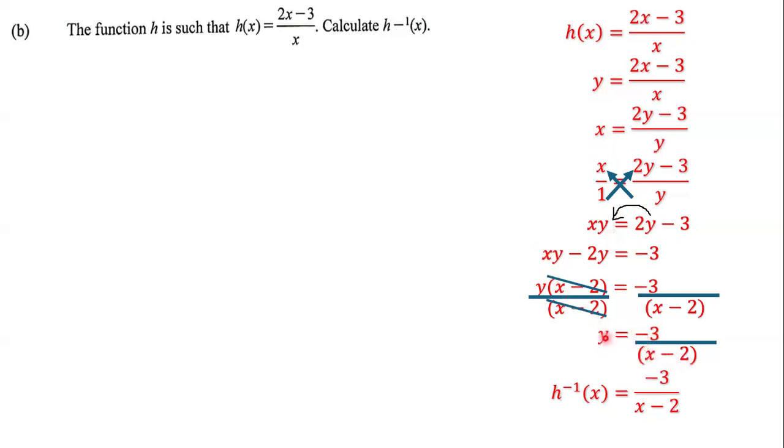So after we set h of x equal to y and swap x and y, we solve our equation for y. So y is the subject. And whatever y is equal to, that's what h inverse is. H inverse is going to be equal to negative 3 all over x minus 2. And that's the answer to this question.